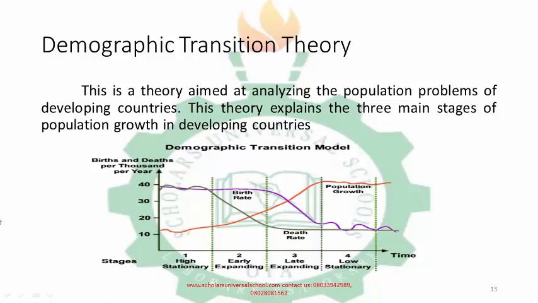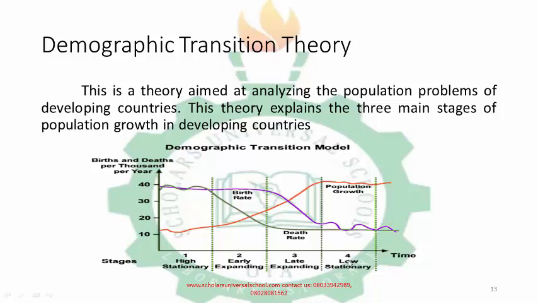Now the third stage, under this demographic transition model, is where we have late expanding. Under this stage, we have reduction in death rate, where we have 10 deaths per 1,000 people in a year. Then the birth rate is already reducing, and we still have a population still growing high.